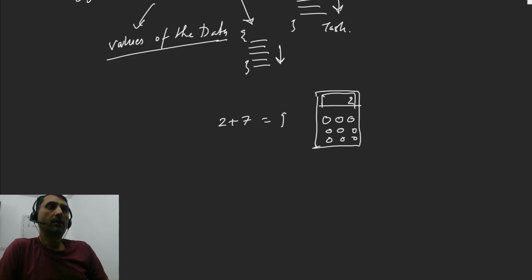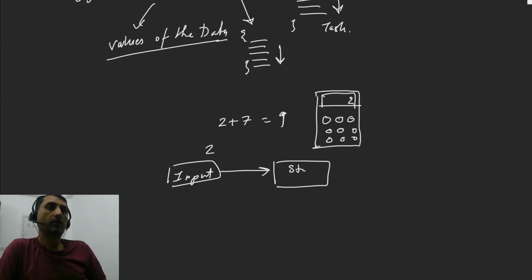What it does behind the scenes is it runs a program. It takes the input from the user. This input initially is 2, then it stores that input in memory, and then since it is a calculator program, it waits for an operand and another number. The operand here is plus, then another number is 7.